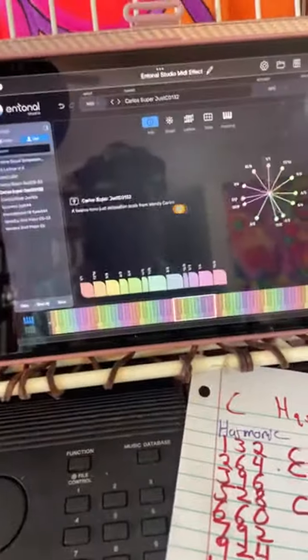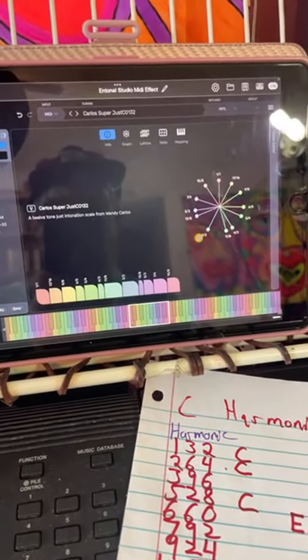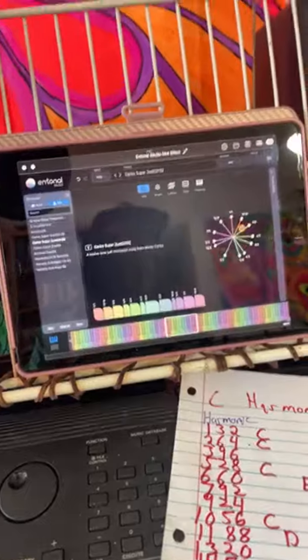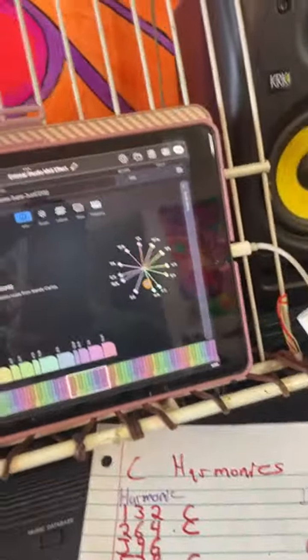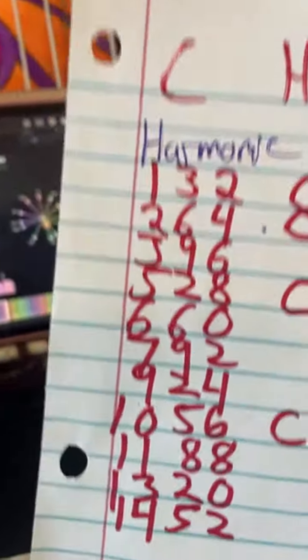Okay, so that's an E flat. Doesn't it sound horrific? It totally does, right? And why? Because the notes are no longer equidistant. Notice how these are all different distances apart. However, this lines up with the harmonics of the universe.